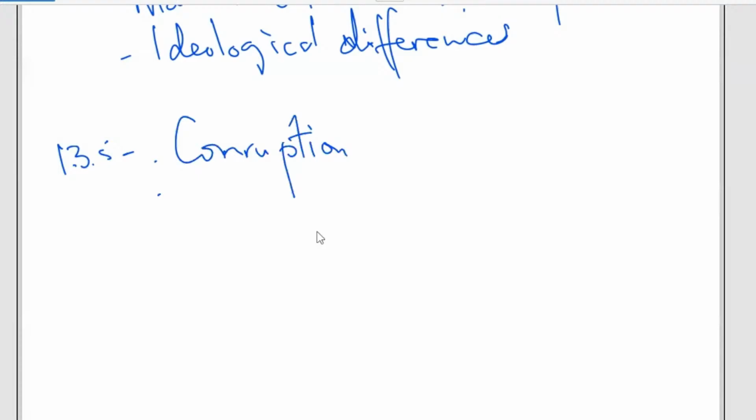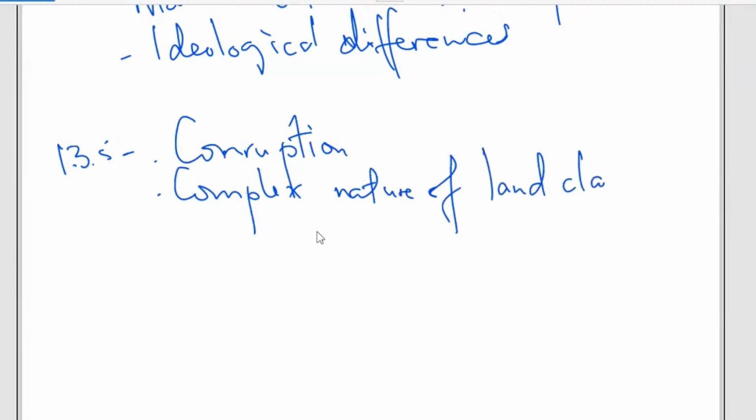And you can also talk of the complex nature of land claims. Establishing the rightful owner is sometimes very difficult because we are talking of apartheid here.